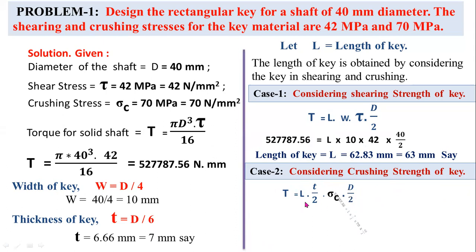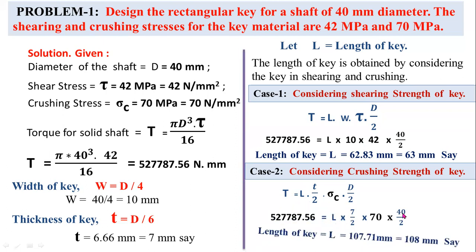From this equation, you can get the value of length of the key. On the basis of compressive strength or crushing strength, the required length of the key equal to 108 mm. From these two answers, you have to take the larger value. So the required length of the key is 108 mm.